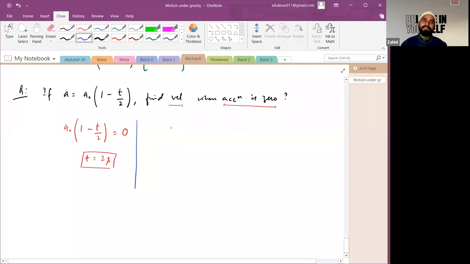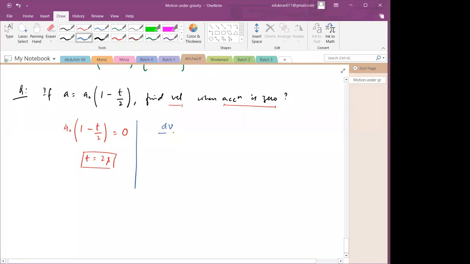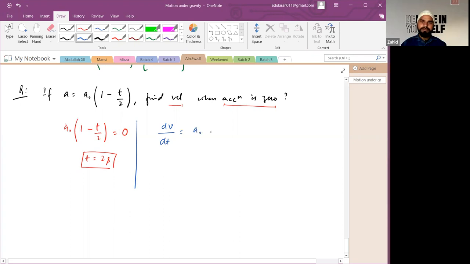So we can write acceleration is equals to dv over dt is equals to a naught minus a naught over 2 into t. Move this dt to the other side. You will get a naught into dt minus a naught over 2 t times dt.